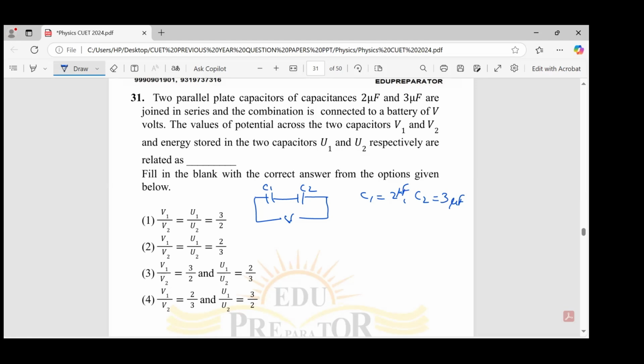If we just recollect, we know that potential on 1 will be equal to C2V upon C1 plus C2, right? We have done this formula in 12th class, how to find the potential on one capacitor. So we simplify, that is equal to 3 by 5 V. And V2 is equal to, on the same ground, C1V upon C1 plus C2. That will make 2 by 5 V. Now if we simplify, we have V1 by V2 equal to 3 by 2.